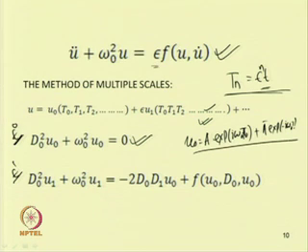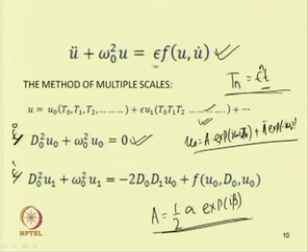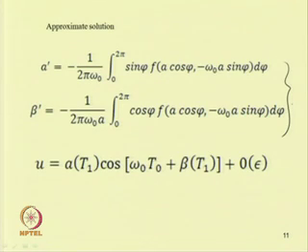So, by substituting this in the second equation and killing the secular terms, one can obtain a set of equations, and in that equation substitute A equal to half a e to the power i beta, and separating the real and imaginary parts, one can obtain the set of reduced equations.